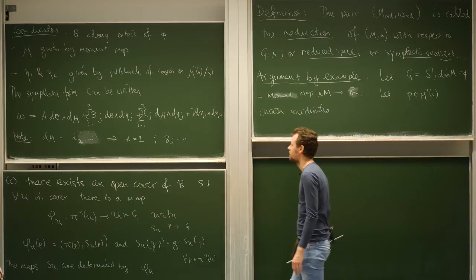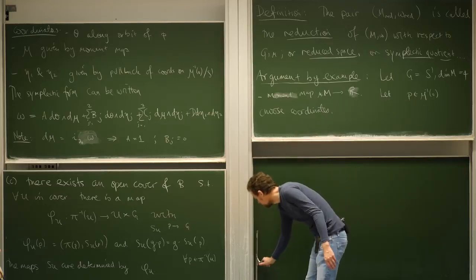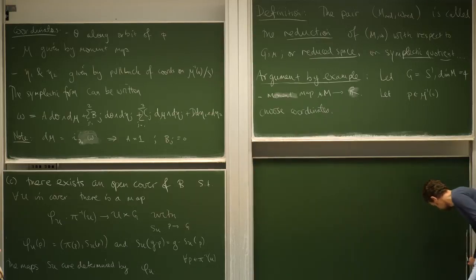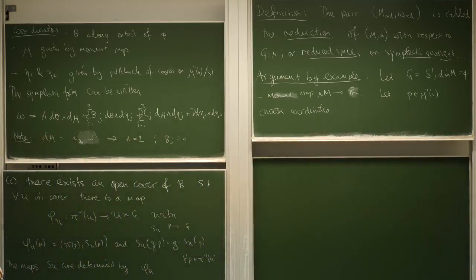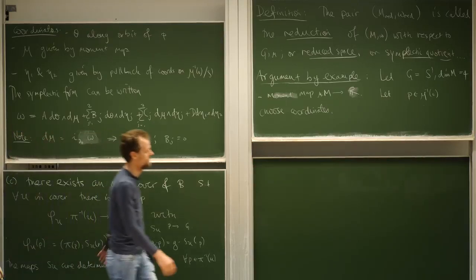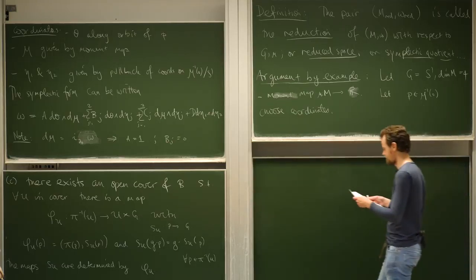So it might be that the symplectic form isn't a pullback of the symplectic form on the reduced space. That's how this could go wrong. So we're going to see it's not the case, in this very simple example.